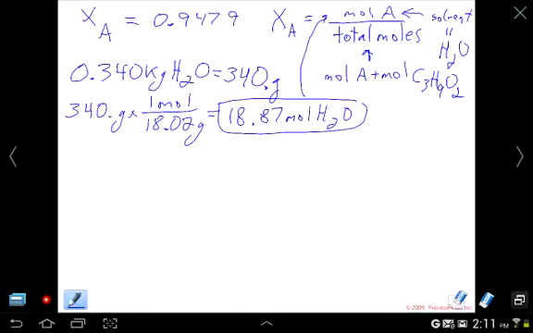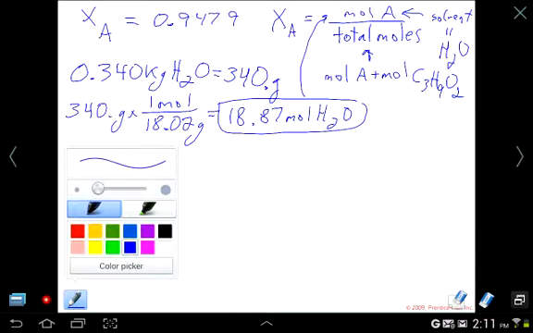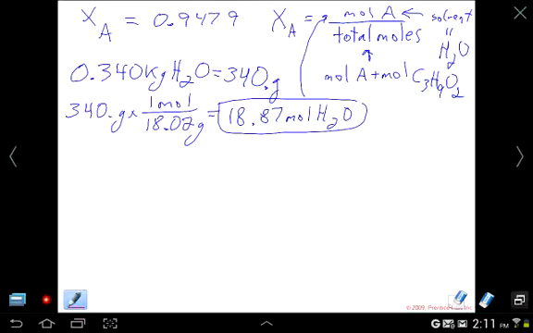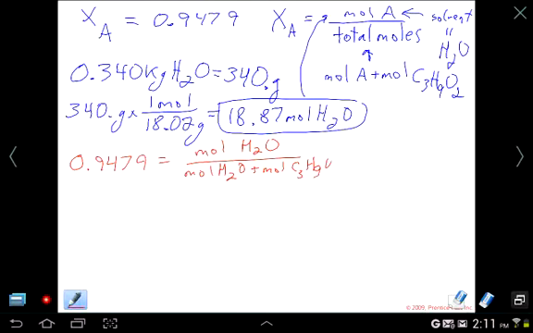Our mole fraction is 0.9479, and that equals the moles of water, H2O, divided by moles of H2O and moles of C3H9O2.